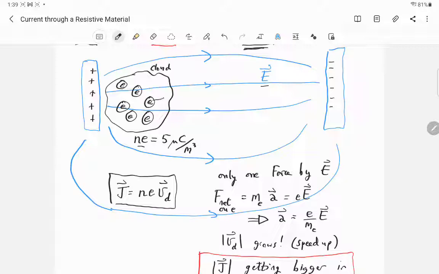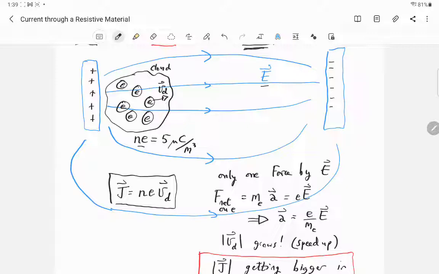The little drift velocities are velocity vectors. And this modeled the connection between current density, charge carrier density, and drift velocity.